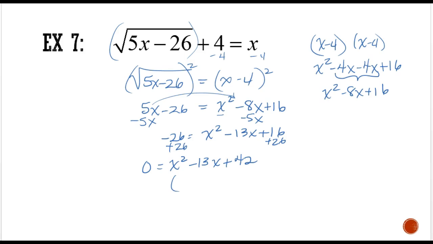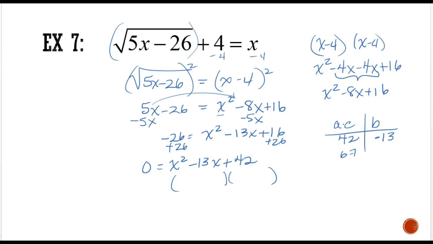So now I need to factor this guy if possible, or I could use the quadratic formula. But let's try factoring. Okay, remember it's a times c, they have to add to b. So a times c would give me a positive 42, and they have to add up to negative 13. If I think about my factors of 42, the only ones that really come to mind, quickest ones are 6 and 7.